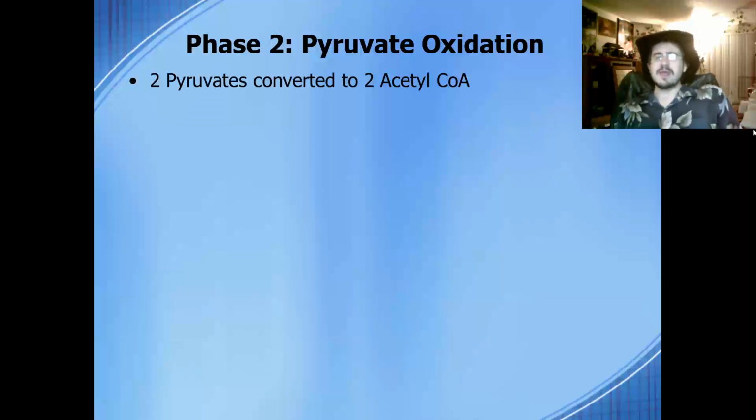So remember, in phase 2, it's pyruvate oxidation and the Krebs cycle. So, first part of phase 2, pyruvate oxidation. In this case, the 2 pyruvates are converted into a compound called acetyl CoA. So we take 2 pyruvates and convert them into 2 acetyl CoA.